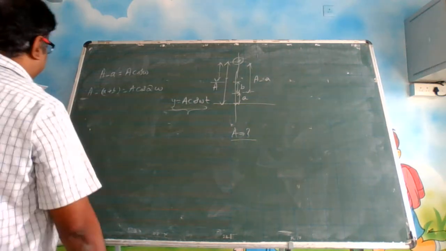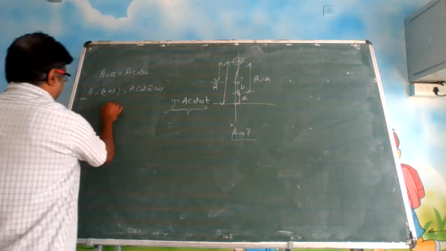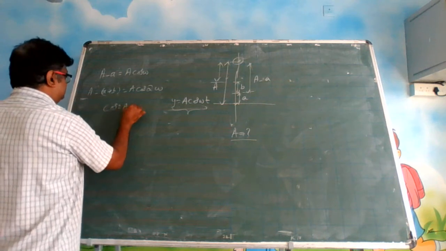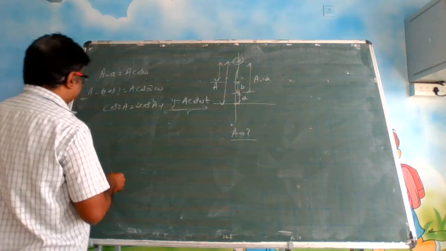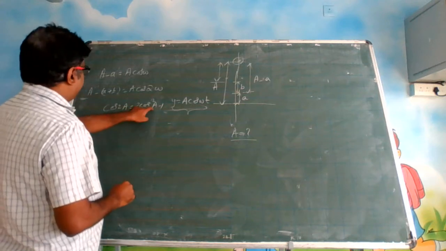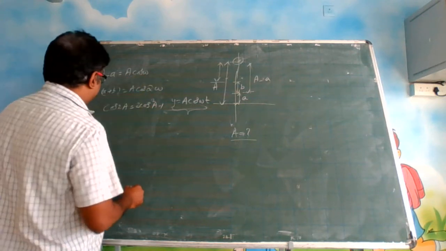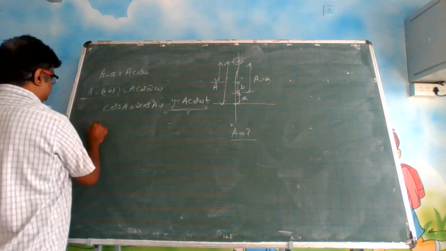Okay. So for this, we know that cos 2 theta is equal to 2 cos square theta minus 1. So here theta is omega. So how can we write this equation now?